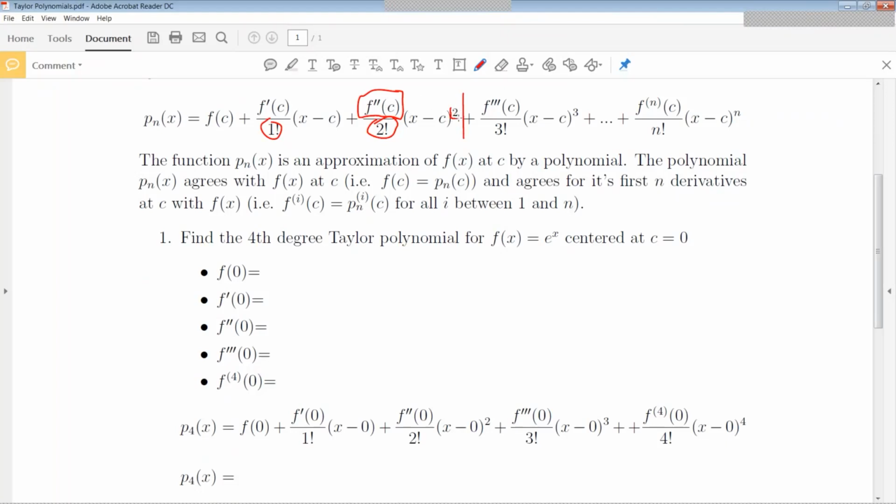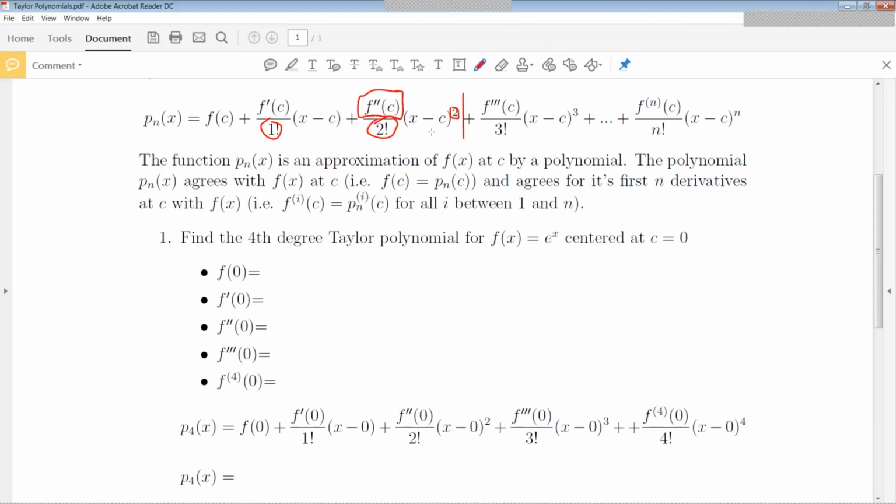You use the power rule, which means you're going to need to take that 2 and bring it down when you take a derivative. Now, I don't want 2 times f double prime of c, I just want f double prime of c. And so I'm going to need to cancel that 2. Well, I have a 2 in the denominator that will do that for me.